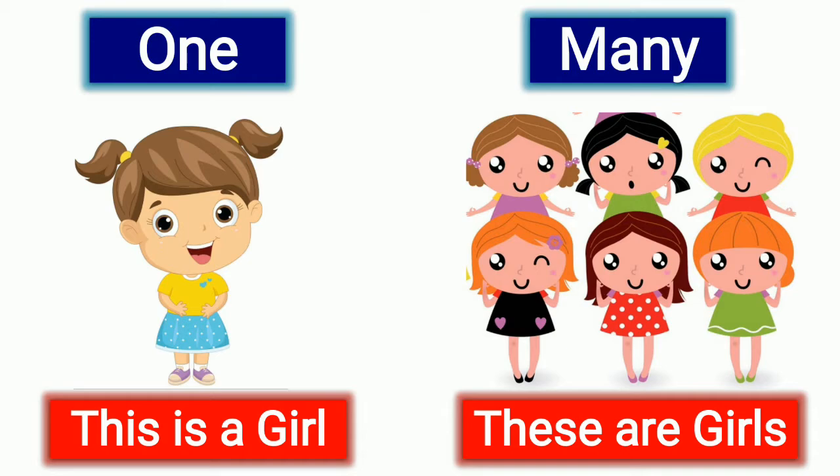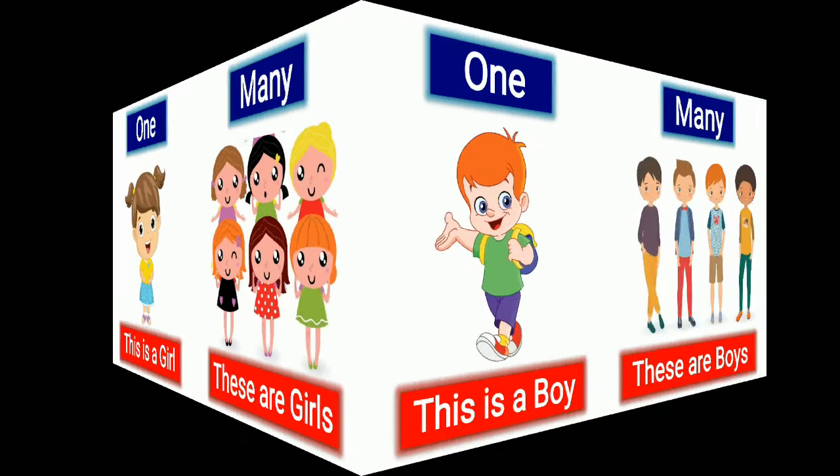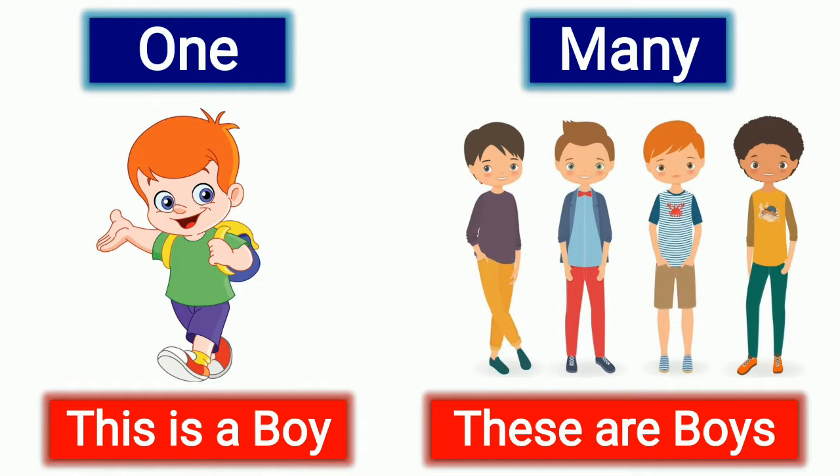These are girls. One boy, many boys. Children, in this picture you can see a boy who has a school bag. He is only one. And the boys who are standing, they are many. So we can say this is a boy for one singular thing, and for many these are boys.